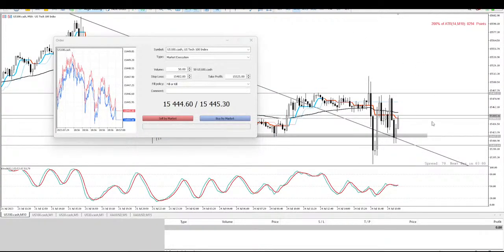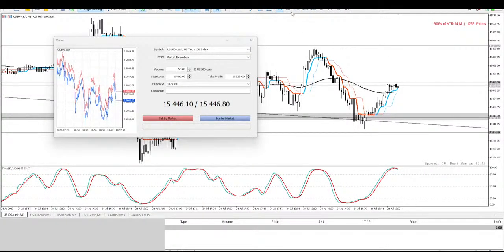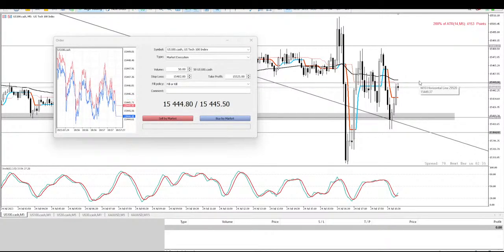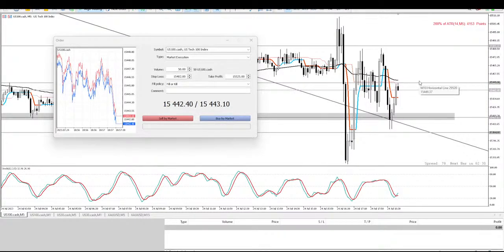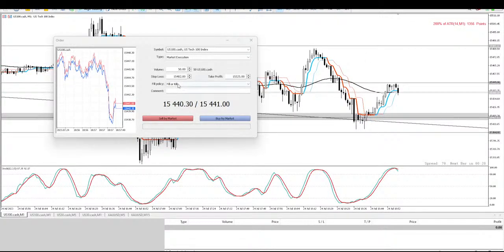So chances are it could go flat. There's the 1 minute pullback. Let's see how far it goes.